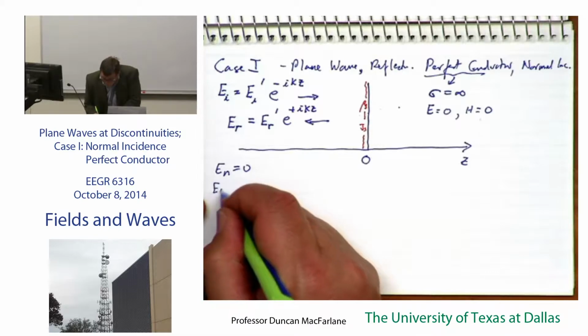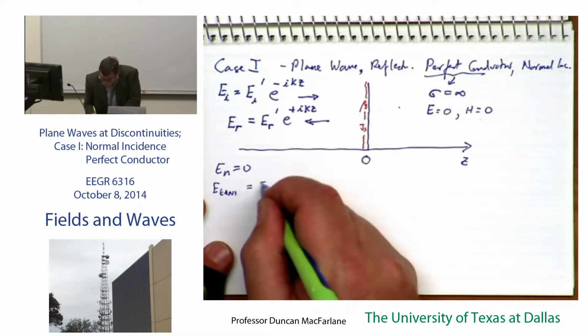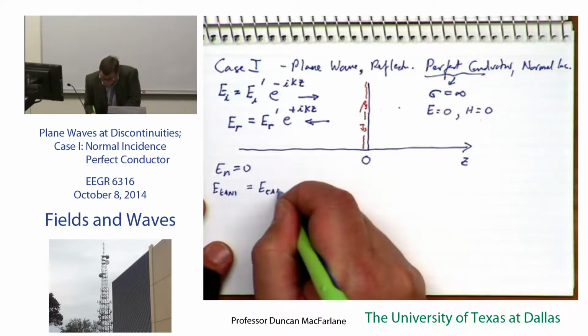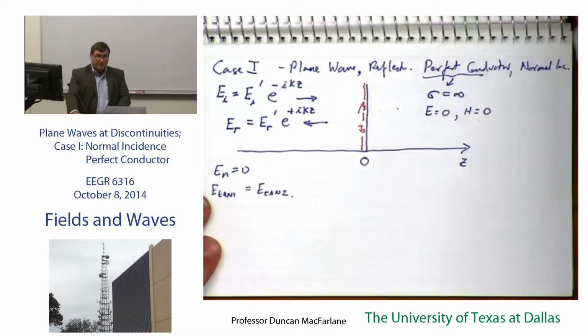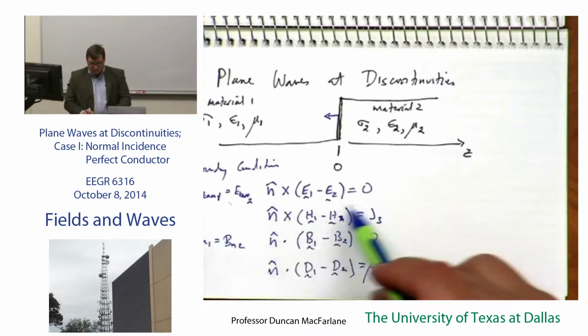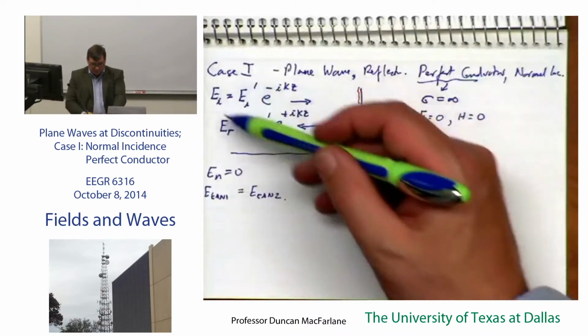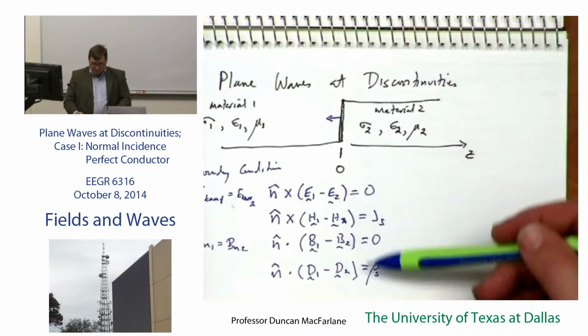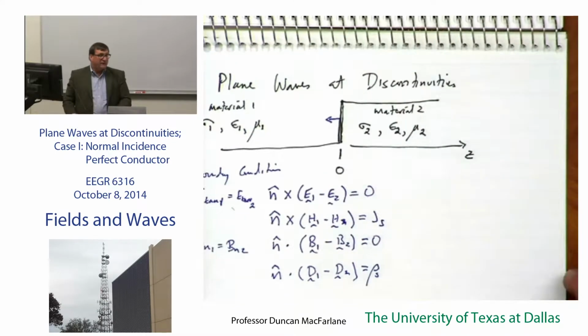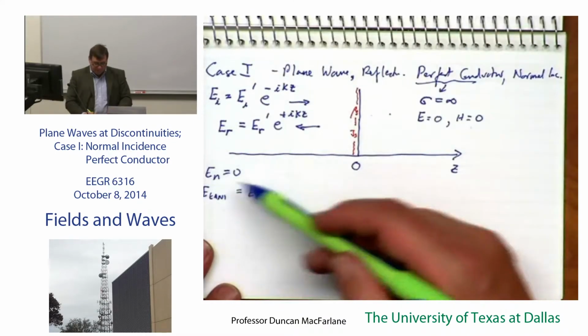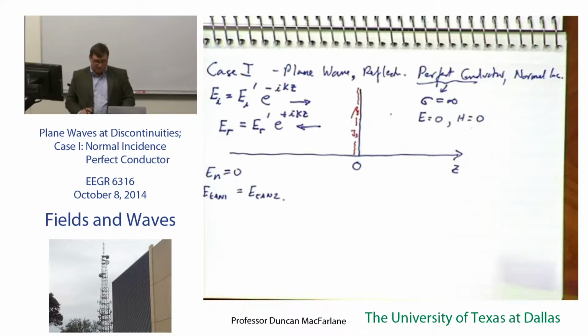And I also know that E tangential 1 is equal to E tangential 2. That's by this boundary condition here. So I'm looking at the electric field, and I'm looking at my two boundary conditions for my electric field, and this is the one that matters. E tangential 1 is equal to E tangential 2.